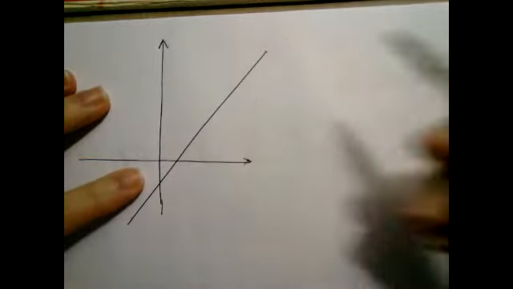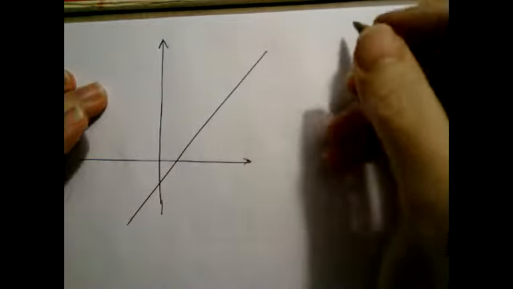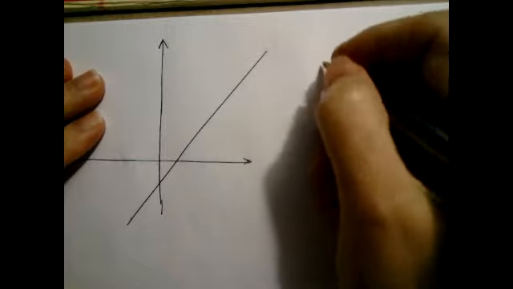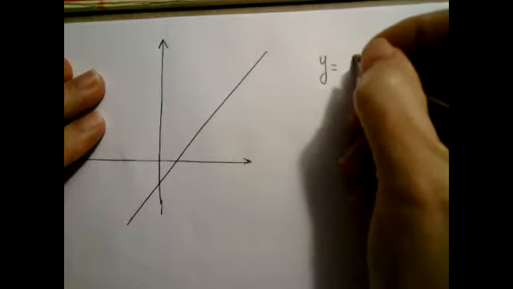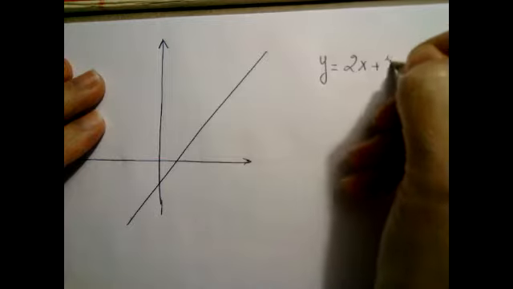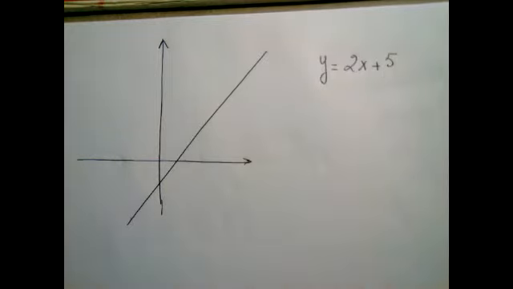So suppose I have a line like this, and a student writes the following. He tells me that the equation of the line is 2x plus 5. How do I know immediately that the student is wrong? Immediately I look at it and say this is wrong.